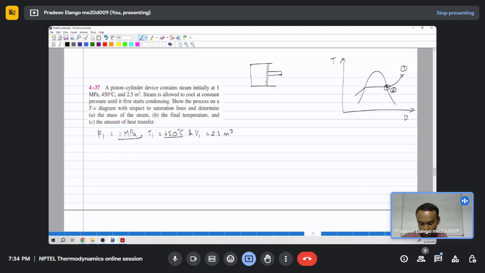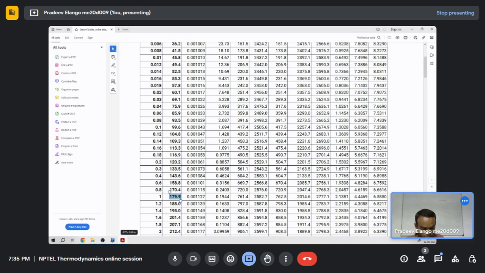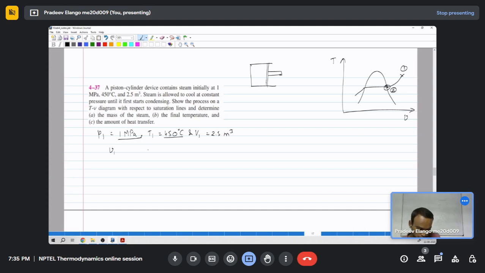To find the mass of steam we want the specific volume, and the final temperature is what we saw just now. So it is 179.7 degrees Celsius. So T2 is 179.9 degrees Celsius, and the amount of heat transfer can be computed.